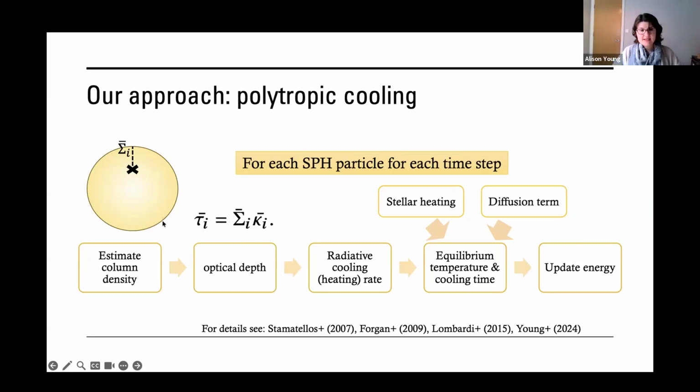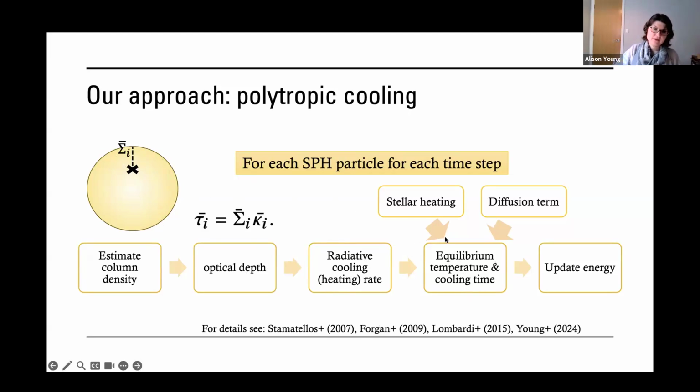Once we've got the optical depth, we can estimate a radiative cooling rate or heating because we know the temperature of these particles. And once we have that, we can use that to calculate an equilibrium temperature given the PdV heating locally, as well as that radiative cooling or heating if we've got an external source of radiation.